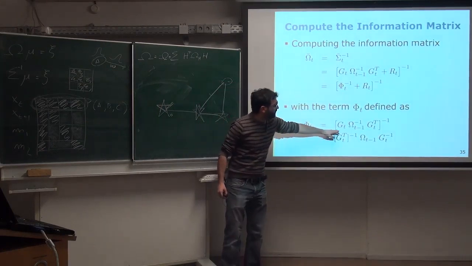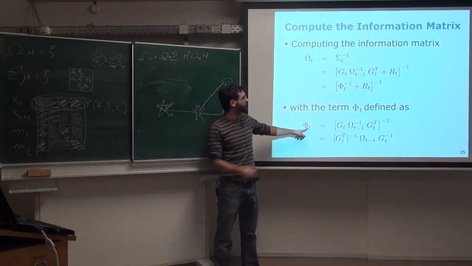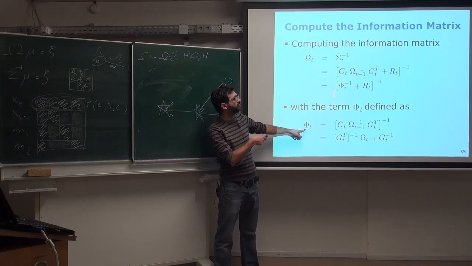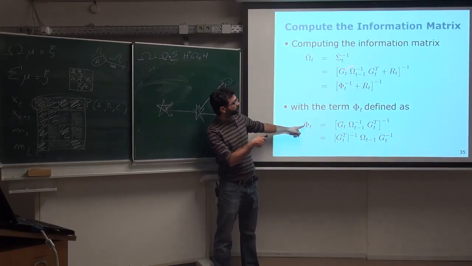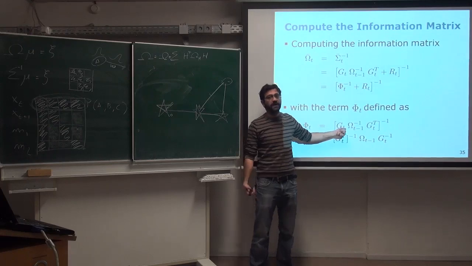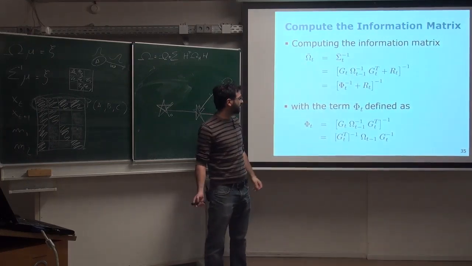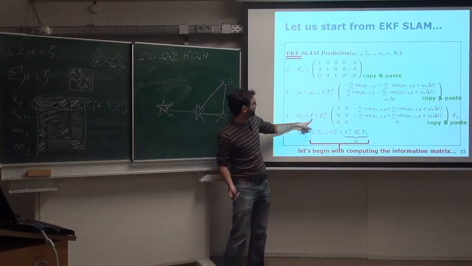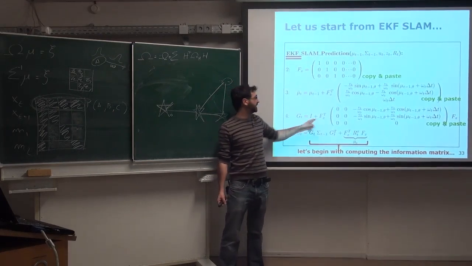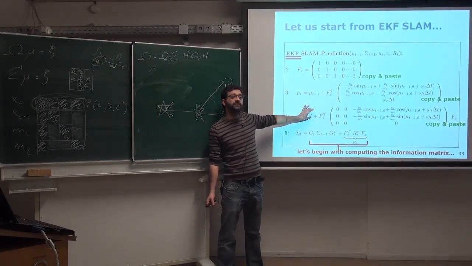So for now, we just write that phi is equal to this. By definition, we assume that there is a phi, and this phi is the inverse of this, which is invertible. And it's normally the case because G is composed of an identity matrix plus something that just modifies the upper part of the identity matrix.